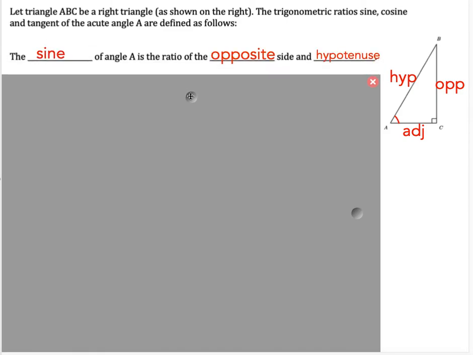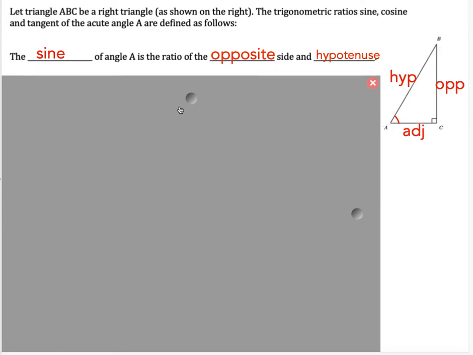Now, the sine from angle A is always equal to the opposite divided by the hypotenuse. It says the sine of angle A is the ratio of opposite and hypotenuse. That means we're going to divide. Ratio, we're going to write it as a fraction. Sine is always equal to the opposite divided by the hypotenuse.